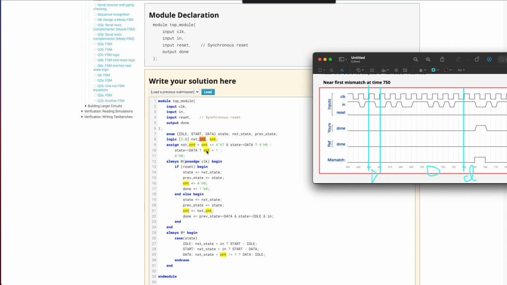Like state is data and F plus 1 is 0 again. But as soon as I'm 7, I jump out of idle, and as soon as I'm 7 and my state is data, the next cycle, this 0 gets propagated to count. So count is 0, and then also we're in idle. So idle count 0.